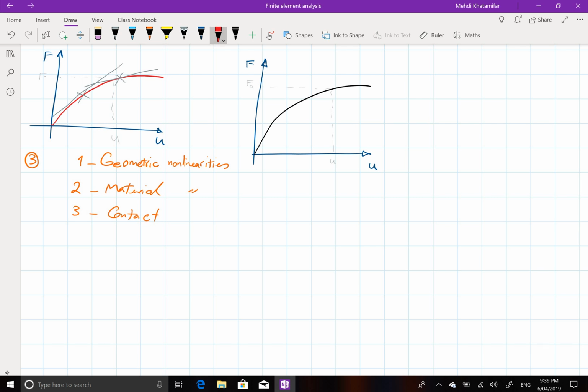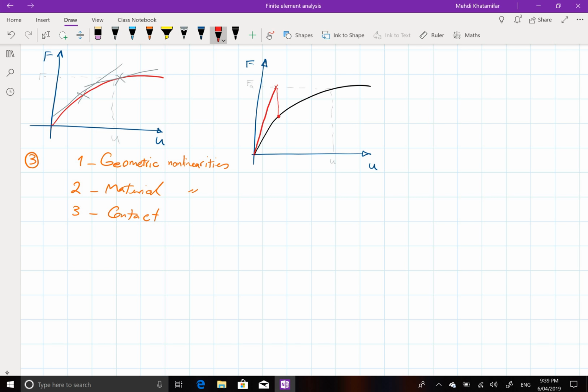Instead of using this curved graph, ANSYS is going to say, let's find a tangent here and draw a straight line. So ANSYS is going to linearly increase force to reach this point FA, which is where the material is supposed to fail, and then it is going to drop to this point.